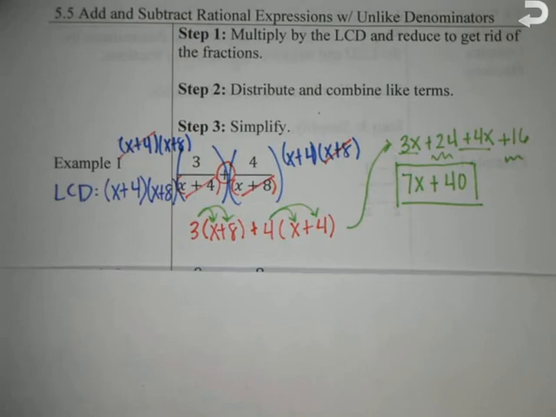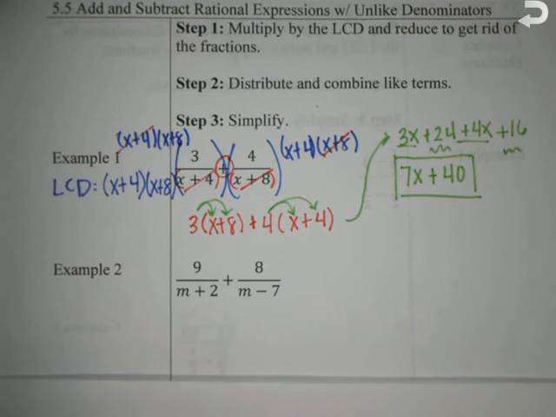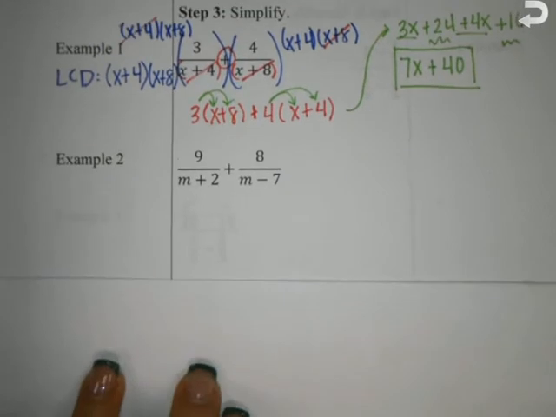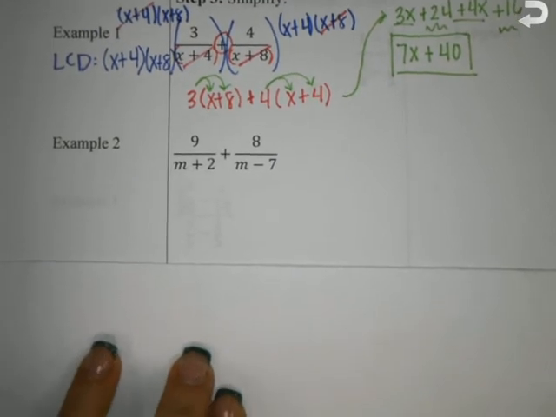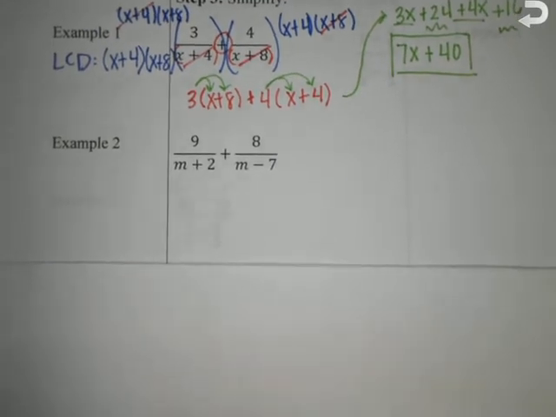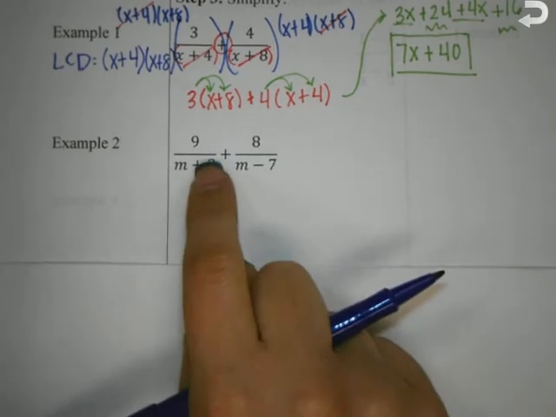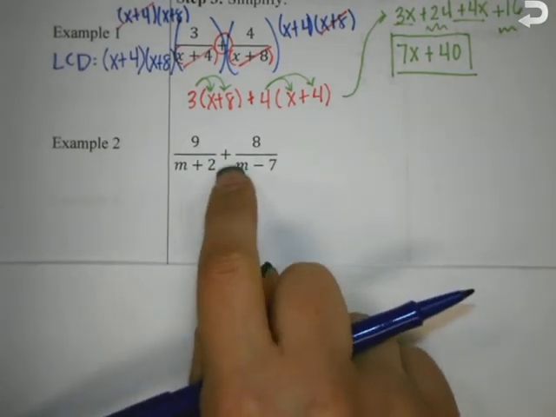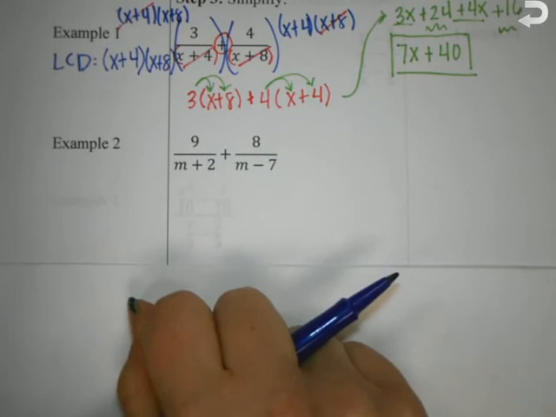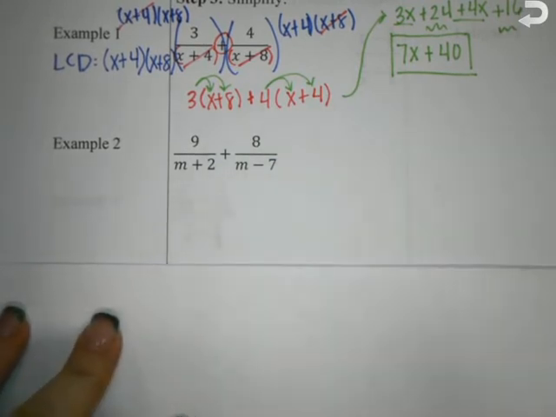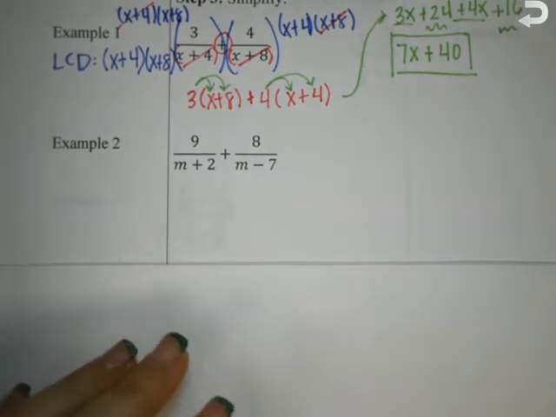Example 2. Nine over m plus 2 plus 8 over m minus 7. What will my LCD be here?